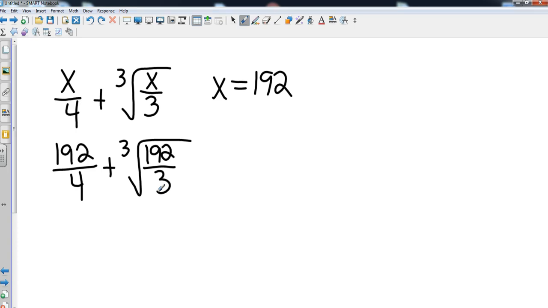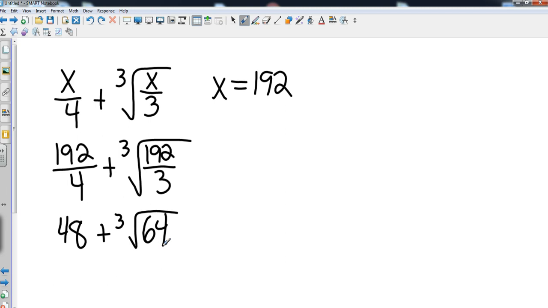And I will tell you that we're going to do the 192 divided by 3 first. So 192 divided by 4 gives me a value of 48. 192 divided by 3 gives me a value of 64.